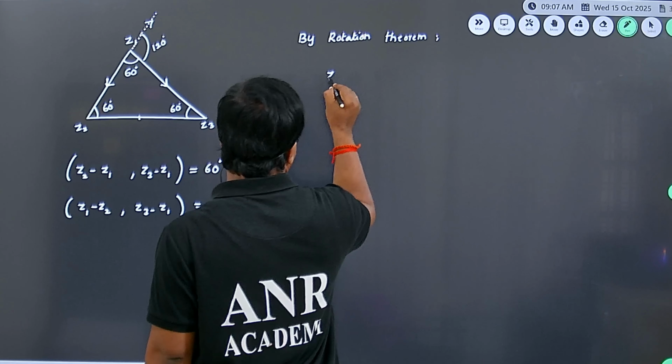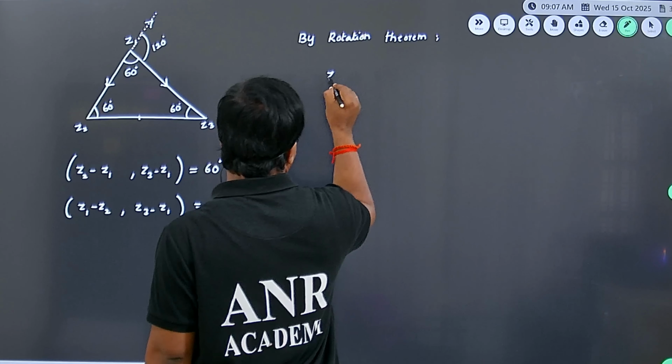Suppose the angle of rotation is in this direction, in the anti-clockwise sense, then the final vector is Z1 minus Z2. You have to write the unit vector, Z1 minus Z2 divided by modulus of Z1 minus Z2, equal to the initial unit vector.